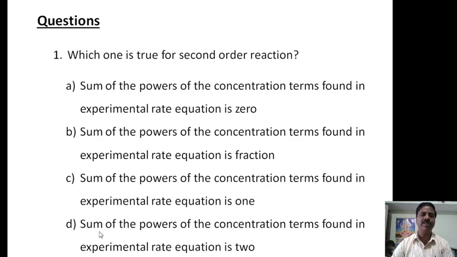And option D: sum of the powers of the concentration terms found in experimental rate equation is 2. These are the four options. I will give you 10 seconds. Read carefully and select one option among the four.